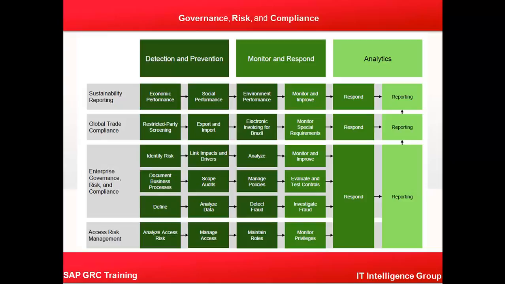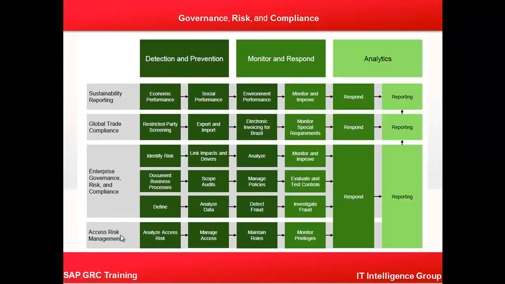As you can see in this diagram, we have listed down the key activities falling under governance, risk and compliance. This is the governance area, enterprise governance, risk and compliance.